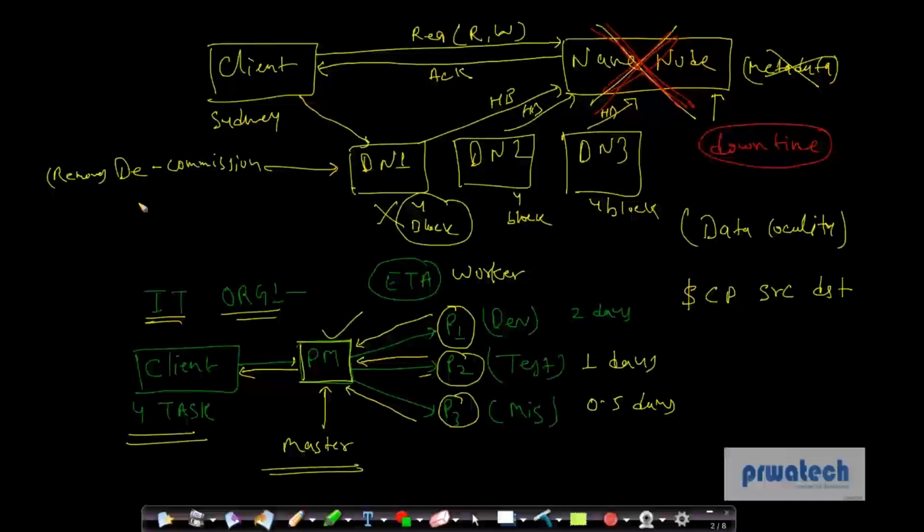Now what I'll do is perform the commissioning operation. Commissioning means adding a node. So I lost one data node, now I'll add one more data node. Whatever blocks I lost in the old data node, I will copy using a Hadoop command, the Hadoop balancer command, to balance my cluster.